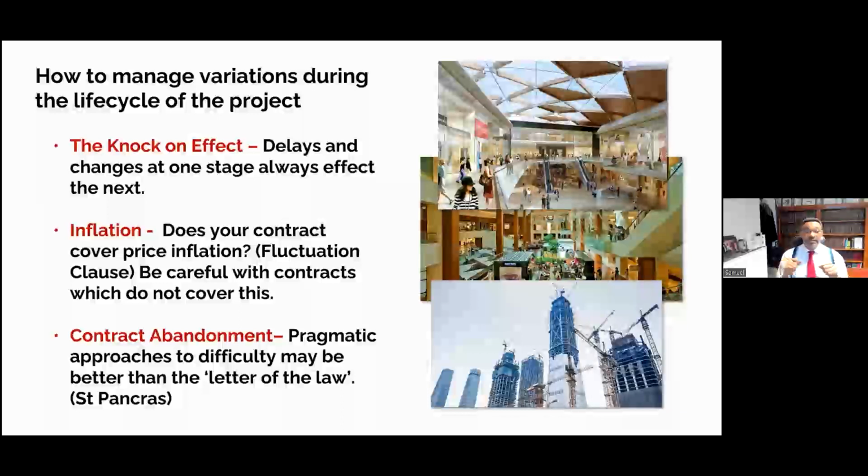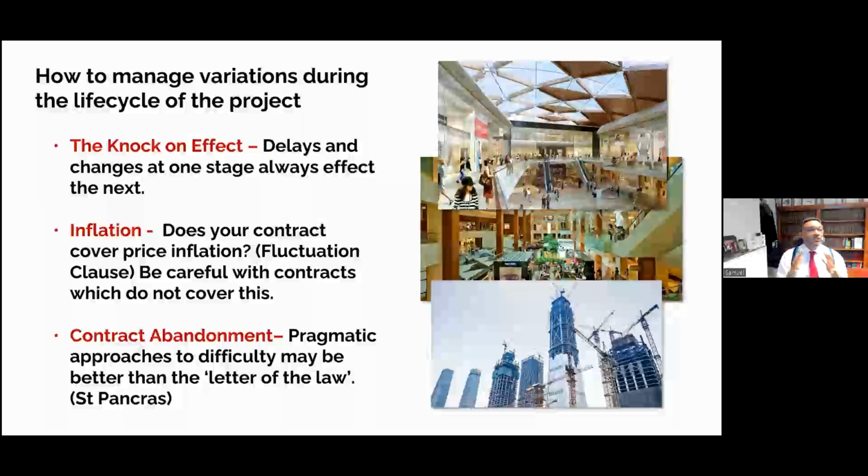Are they potentially in a difficulty such that they are likely to take the pragmatic approach that it is too difficult for them to continue and abandon the contract, and therefore leave you with a substantial headache? And therefore, what is the pragmatic step for you to take in order to either assist them or to protect yourself, or at least to ensure that all, might I say, assets that are acquired in the name of your project are indeed yours and not part of the insolvency estate, as was the case in that case.